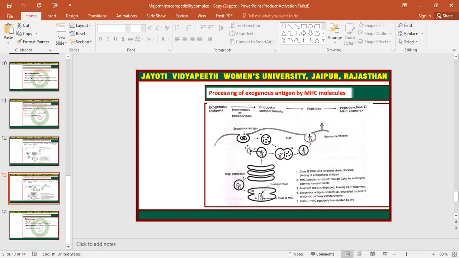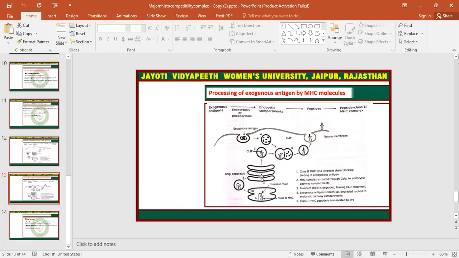After that, this antigen will be transferred to the endoplasmic reticulum where the MHC molecule will be there. Here, the ER will transfer this protein and peptide to the MHC molecule, to the Golgi complex.